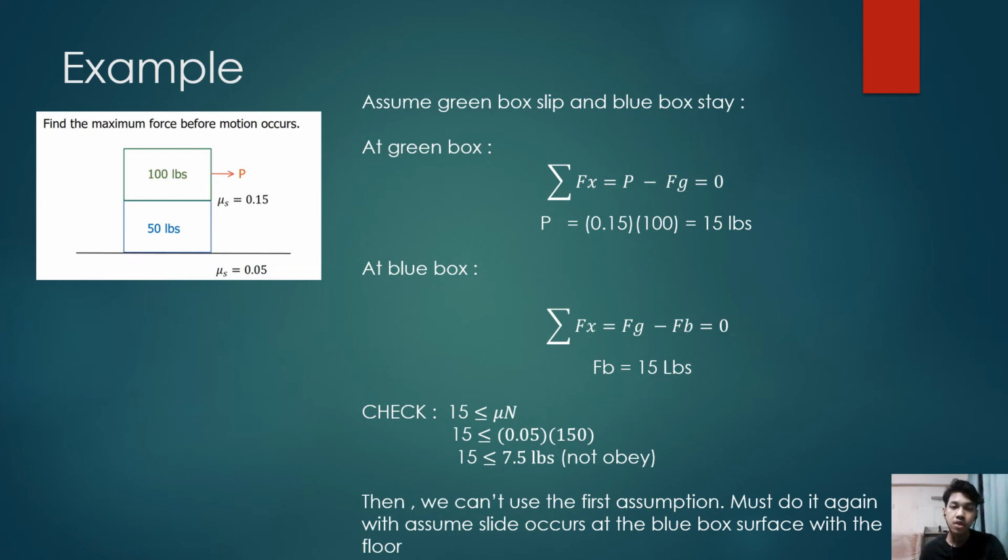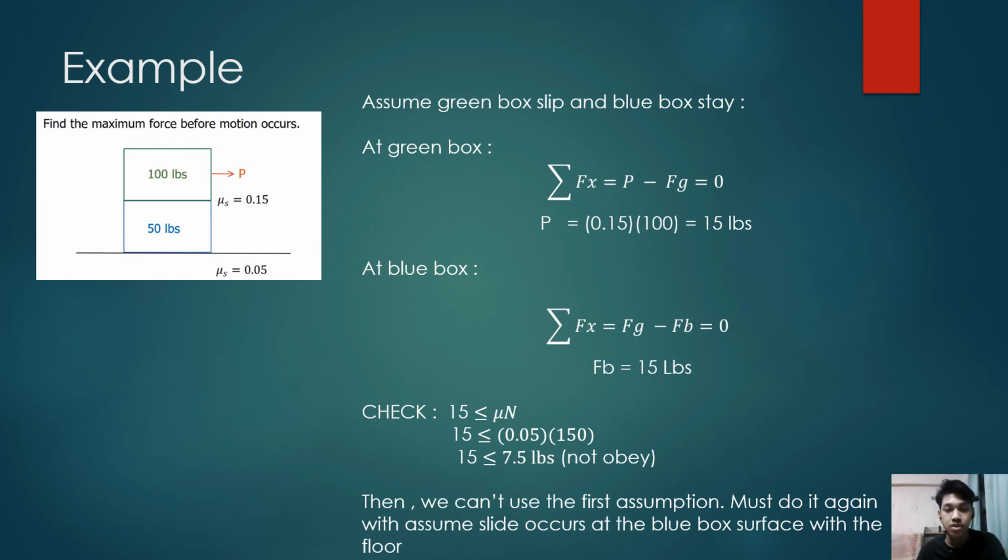For the first case, we assume that the green box at the top slips and the blue box remains. At the green box, the summation of Fx is equal to P minus the friction force of the green box equal to 0. Then we get P equal to 15 pounds.